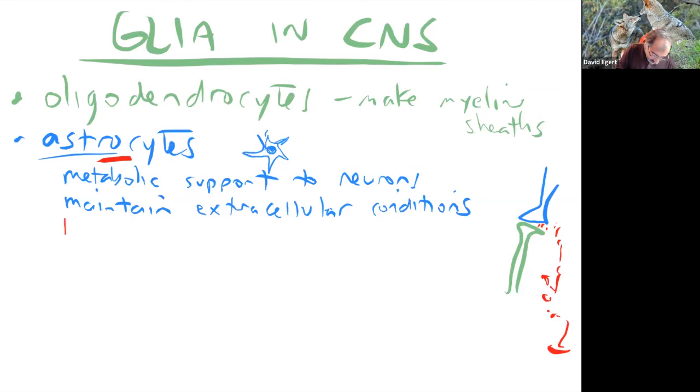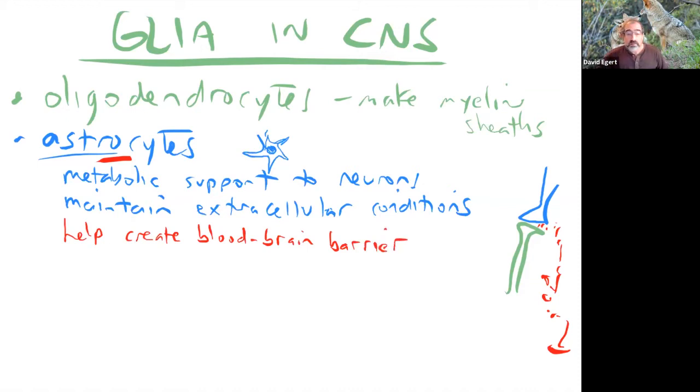Astrocytes help create the blood-brain barrier. So we've got our blood vessels coming in. We have neurons and stuff out here.